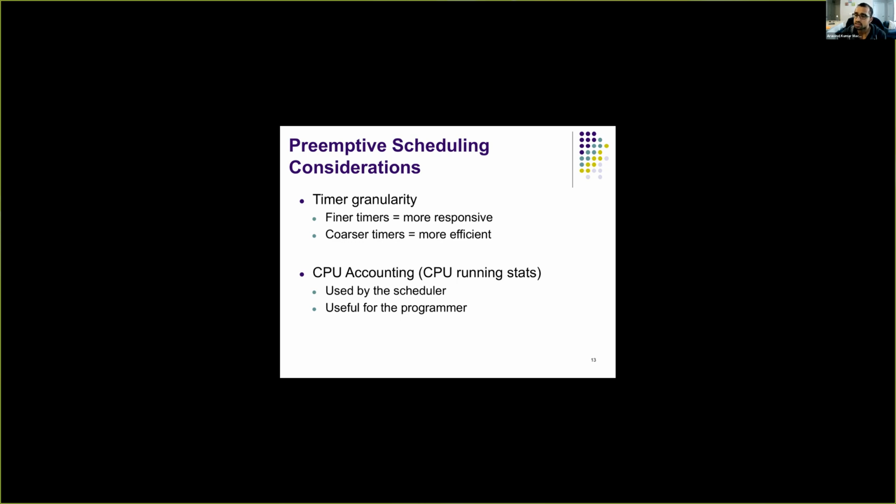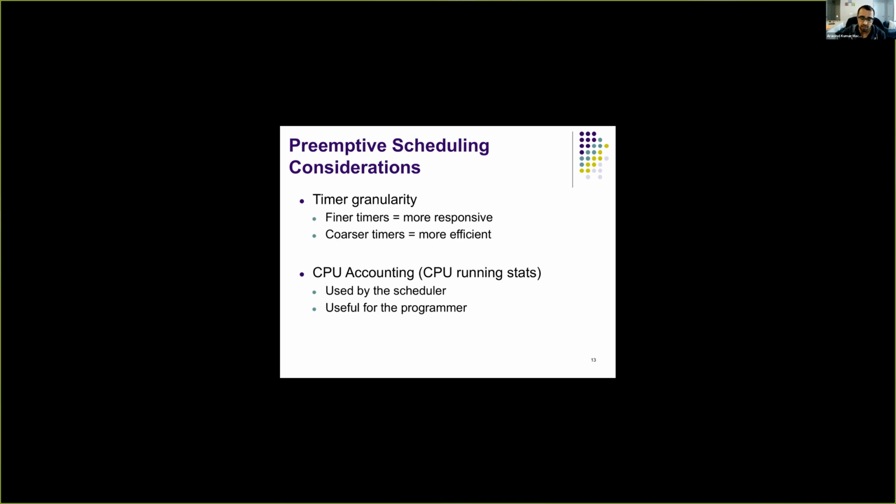Whereas if you increase the granularity of the timer from 1 millisecond to 10 milliseconds, then the overhead is decreased because now overhead happens only once in 10 milliseconds. So the operating system needs to make a decision whether to make the timer fine grained or more coarse grained.